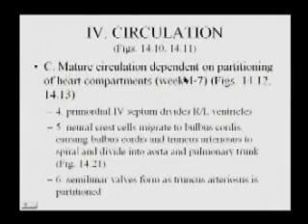So the mature circulation is dependent, as we said, on the partitioning. The primordial interventricular septum divides the right and left ventricles. We saw that occurring. Neural crest cells migrate to the bulbus cordis, causing the bulbus cordis and the truncus arteriosus to spiral and divide into the aorta and the pulmonary trunks. So we'll follow that in figure 14.21.